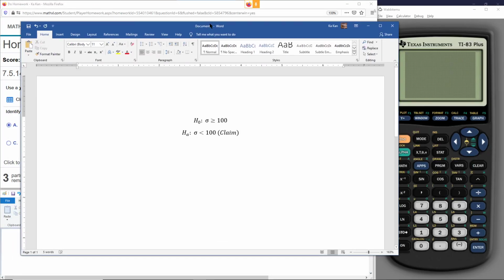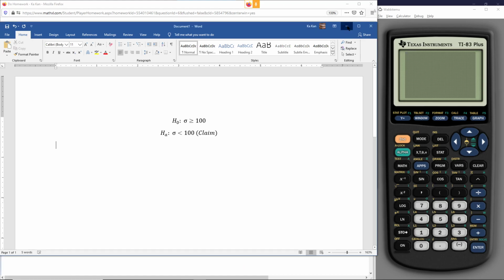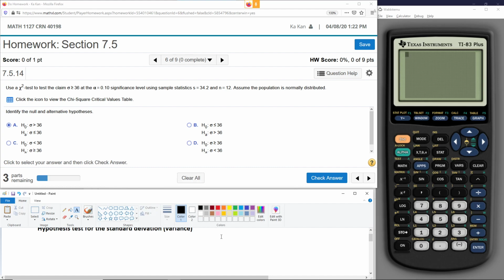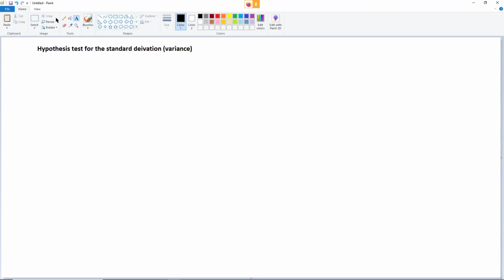So let me show you this. Before, when you have the hypothesis test, we use the t-test and the z-test, and they all look kind of like this.